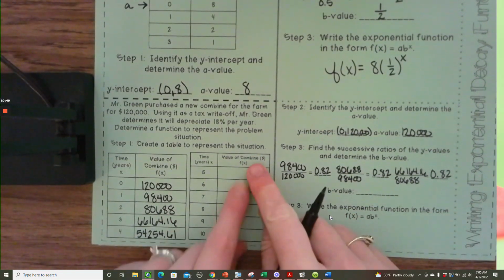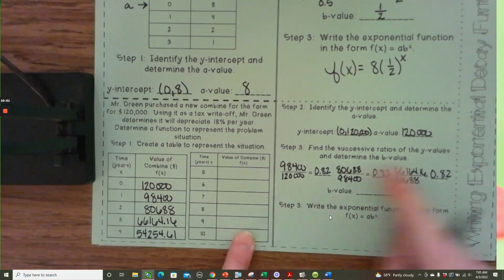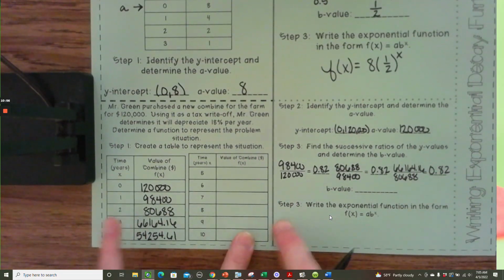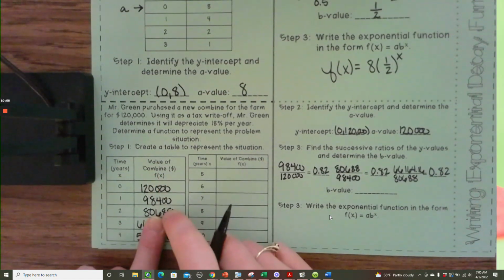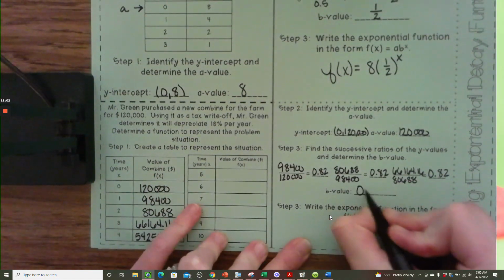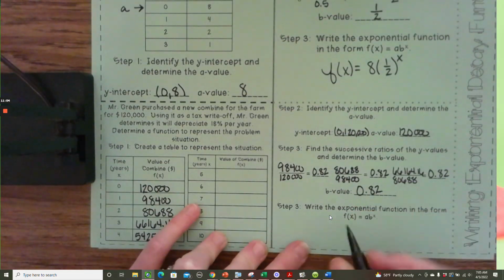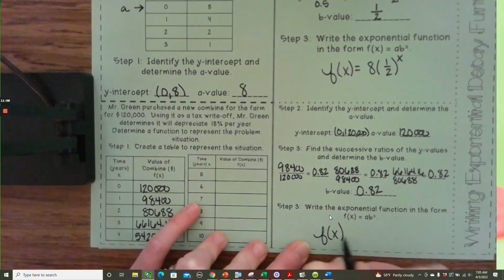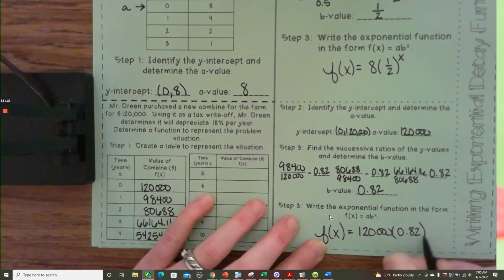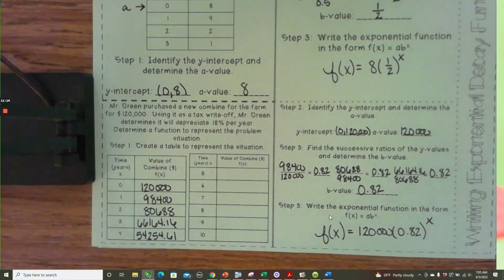As we would get further down this table, we would start rounding these digits off, which is going to knock this off if we don't use the exact form. So that's why it's best to use the y values that you didn't have to round off. So the b value is 0.82, and f of x equals our a value times our b value to the x power.